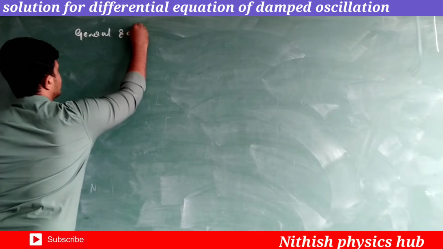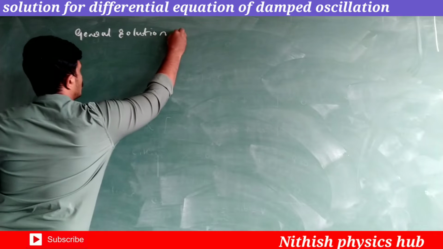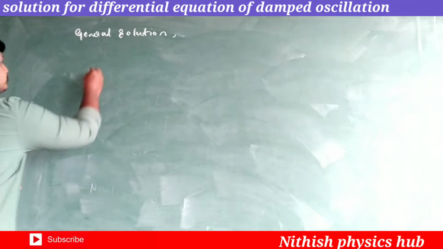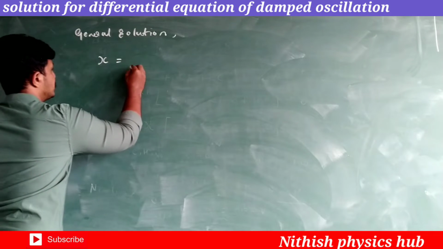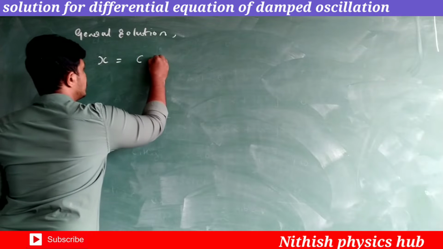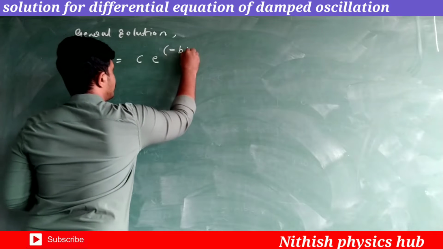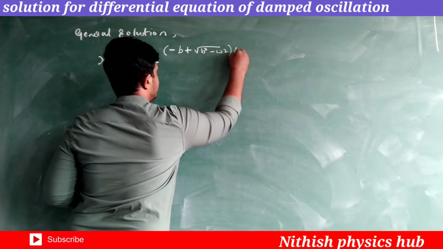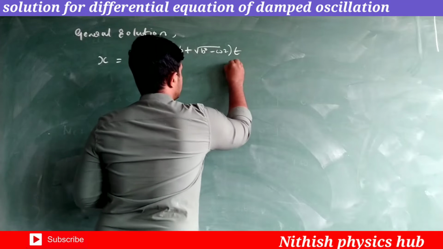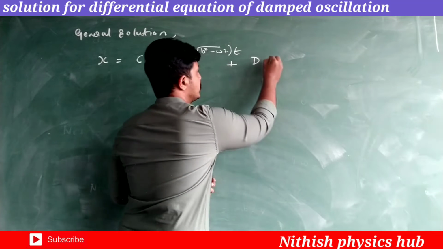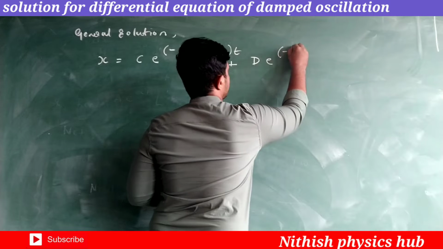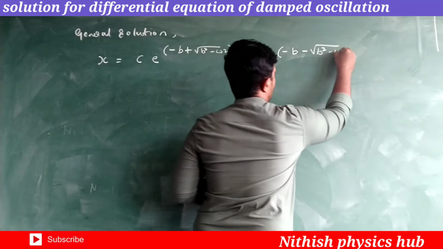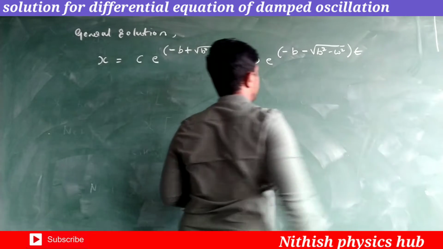By solving this, the general solution of the damped oscillation equation can be given by x is equal to c exponential of minus b plus root of b square minus omega square into t, plus d into exponential of minus b minus root of b square minus omega square into t.